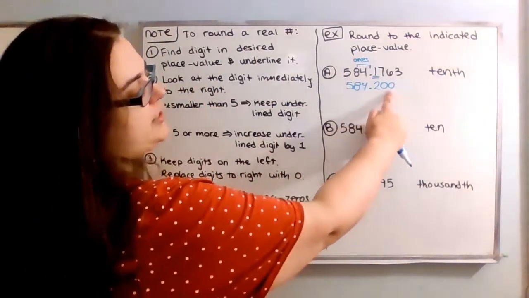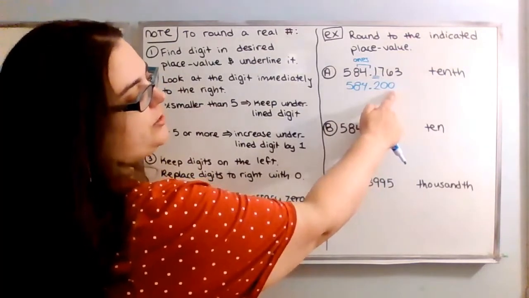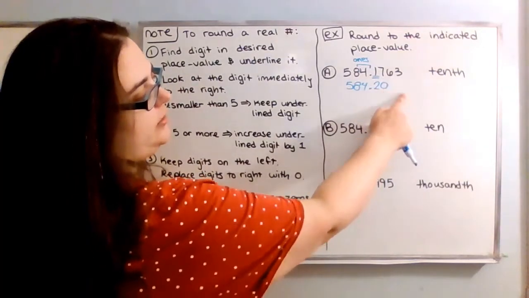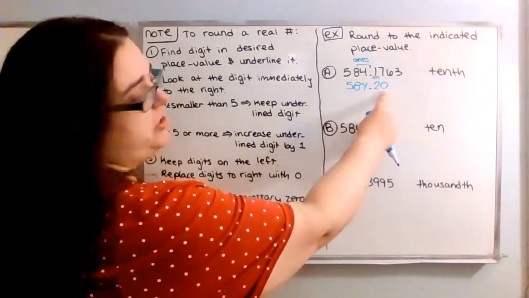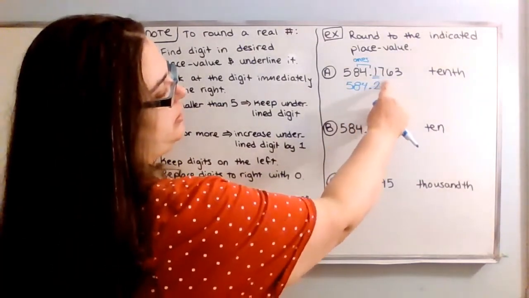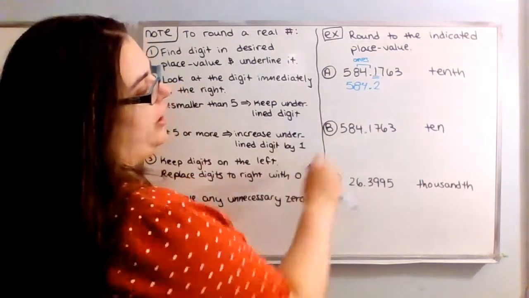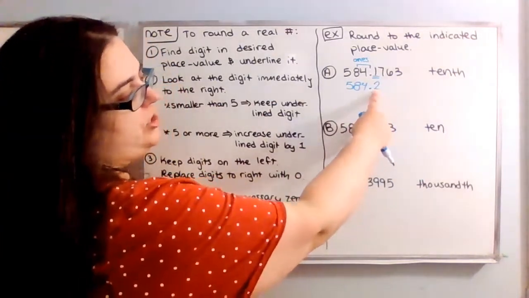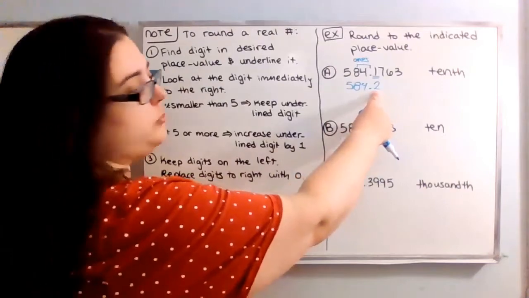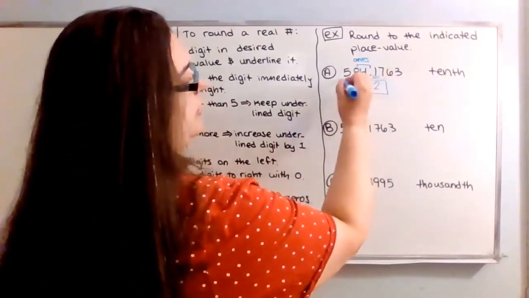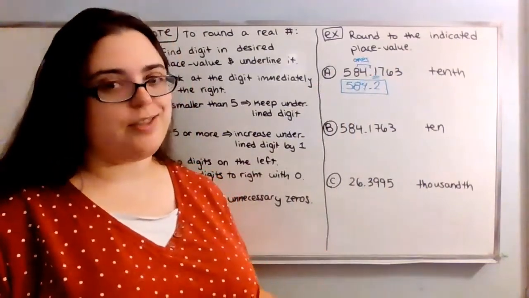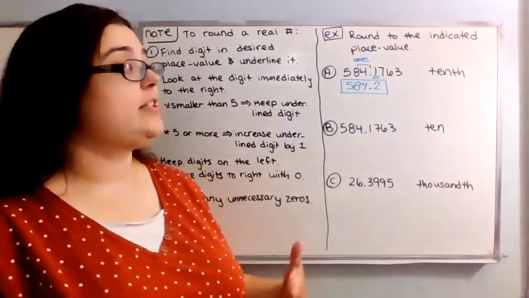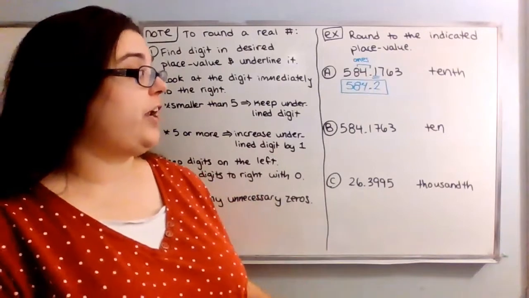Last digit on the right, still a 0, so this 0 is not necessary. Last digit on the right, still a 0, means we don't need it. And now we have our last digit all the way to the right, and it's not a 0 anymore. So that means we are done. 584 and 1,763 ten-thousandths rounded to the nearest tenth is 584 and 2/10.